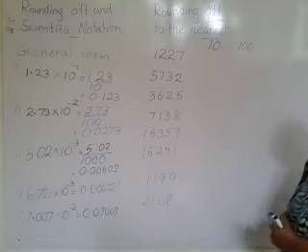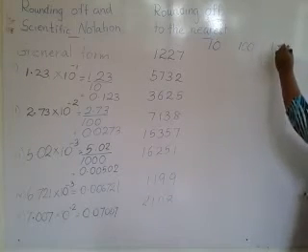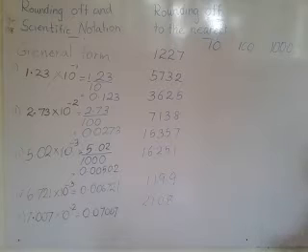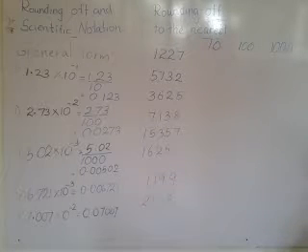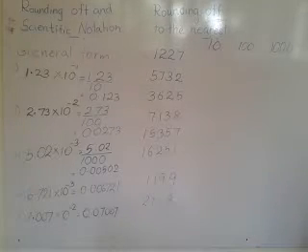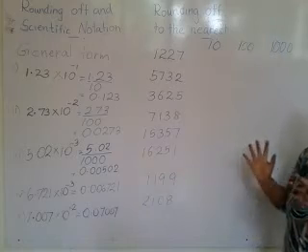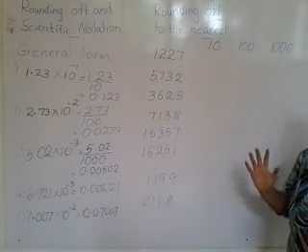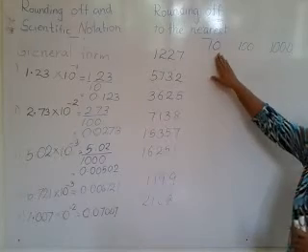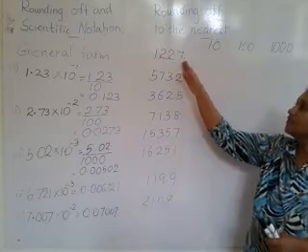Now rounding off to the nearest 10, 100 and 1000. Our first number is 1227. Rounding off means we have to check which number it is closer to. When we consider rounding off to the nearest 10, we have 1227.